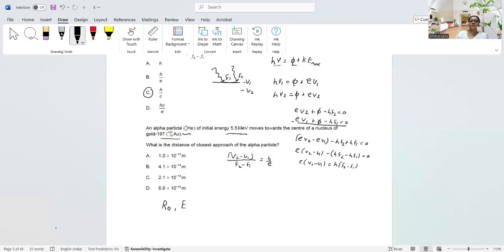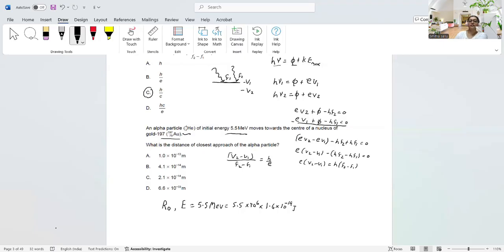So the first step is we are going to convert the input energy from 5.5 MeV to joules, which is 5.5 into 10 to the power 6 electron volt, and electron volt to joule is 1.6 into 10 to the power minus 19.